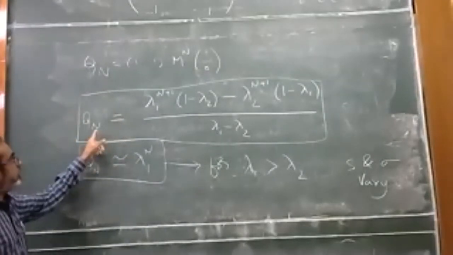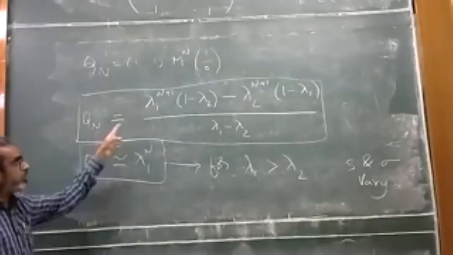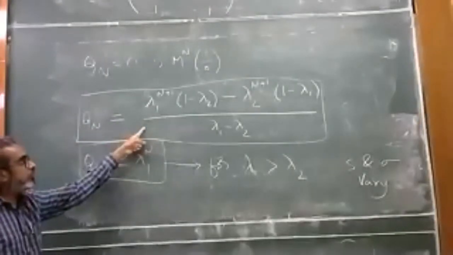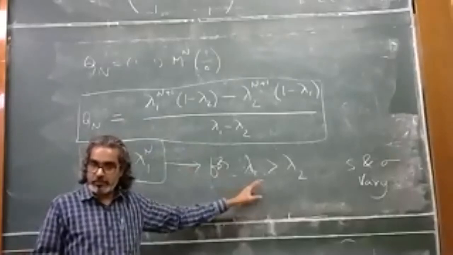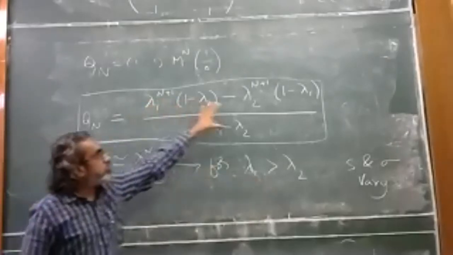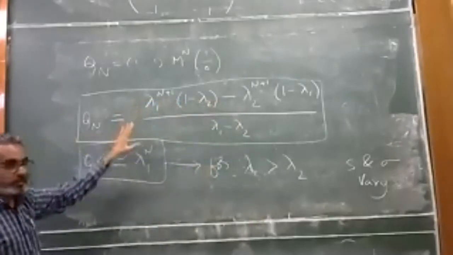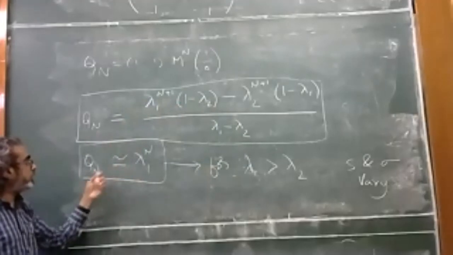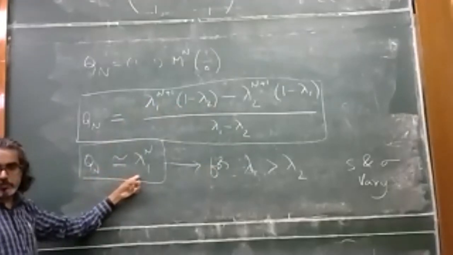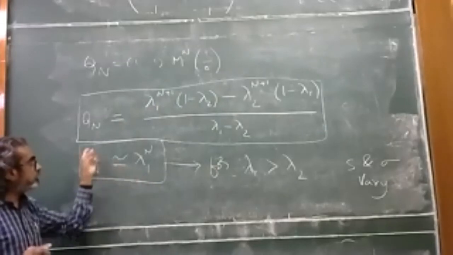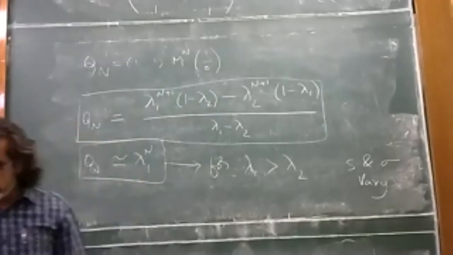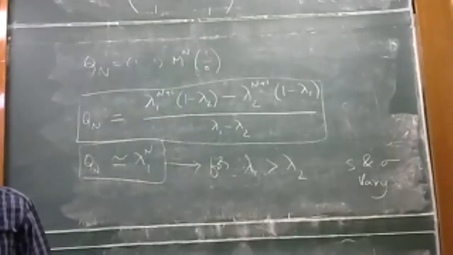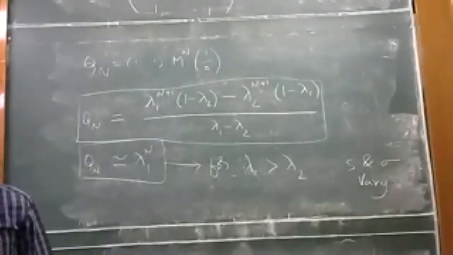But for today's class, this is the expression for Qn in terms of lambda 1 and lambda 2. If you make another simple assumption, lambda 1 is larger than lambda 2, then most of the terms get cancelled, and you get approximately Qn is directly proportional to the n-th power of lambda. You can see how simplified the expression becomes.